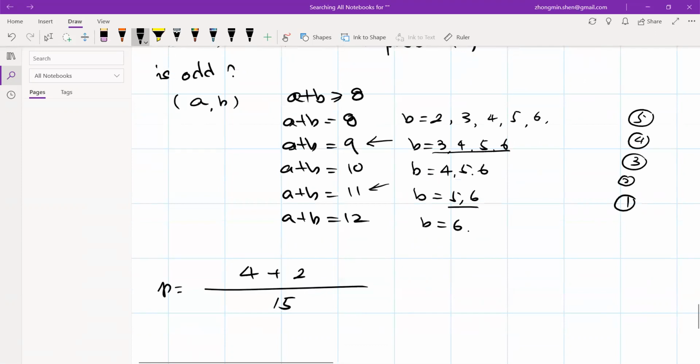You have a 2 here, so that's going to be 6. I don't know how you get a 1/3. Odd sum, 9 and 11: 4 plus 2, 6, 2 times 3, and 5 times 3. So that's my solution. Got it?